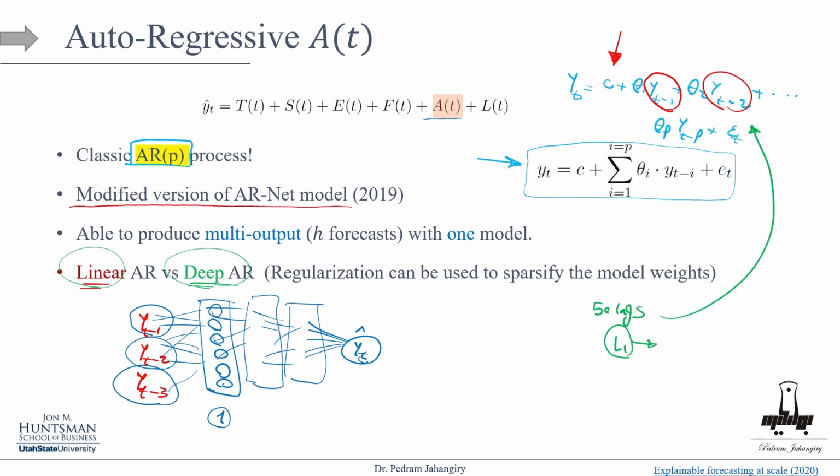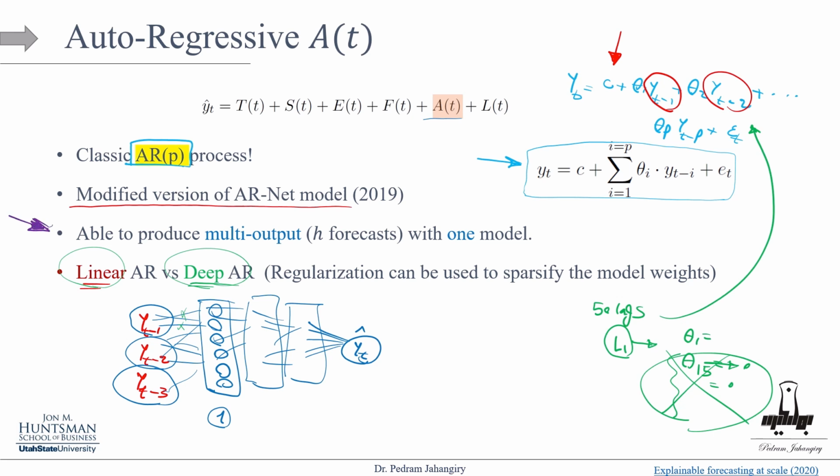So for example, at the end of the day, your theta 1 is going to become a large number, and your theta 15 is going to become irrelevant. We're going to set those things close to 0, or exactly equal to 0. So this is sparsifying your parameters. The same story applies to your neural network. We know that we can use regularization to play around with the weights and the importance of each of these lag variables. And one last important thing is this bullet point.